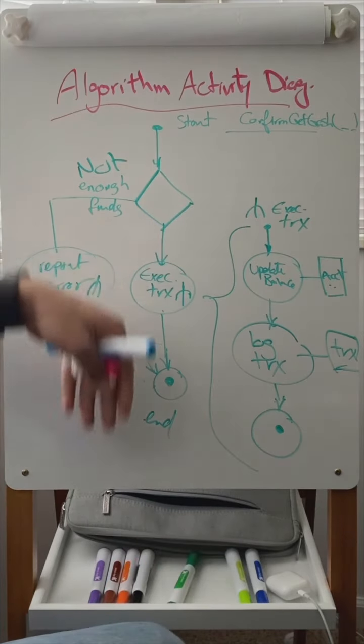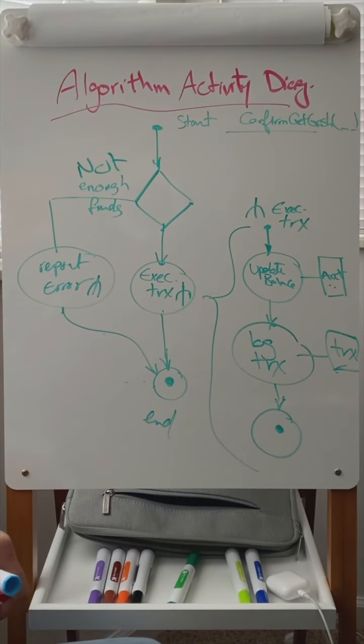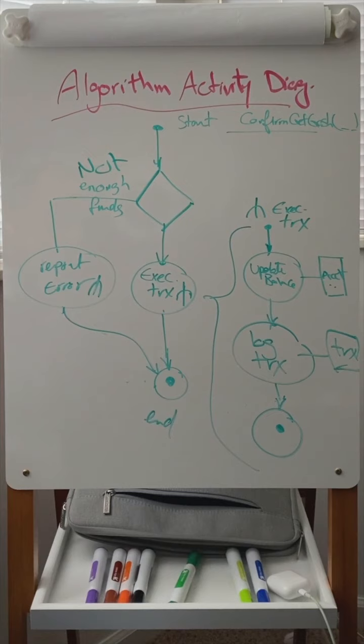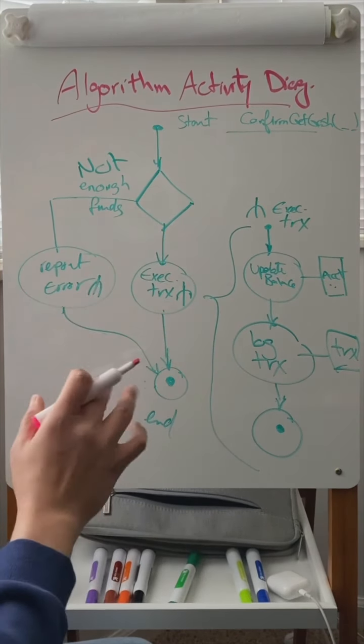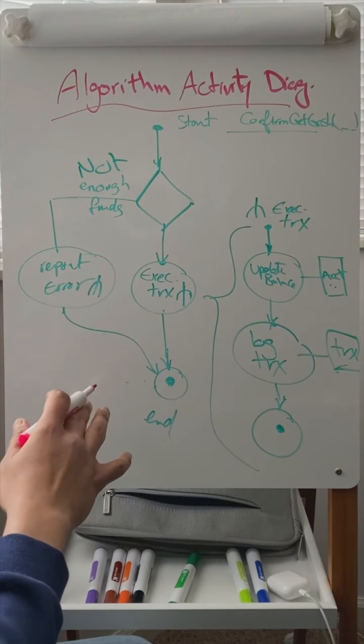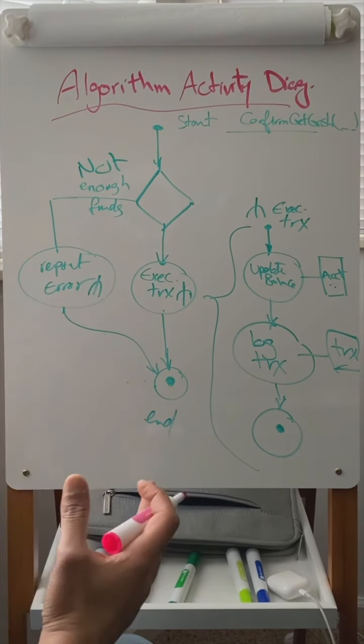So actions go north to south, and data goes left to right, or horizontally. This is again just a notation, and we're almost done with the notations. Really, it's just that simple. If you've done flowcharts when you started programming, this is it. We just do it as a team.